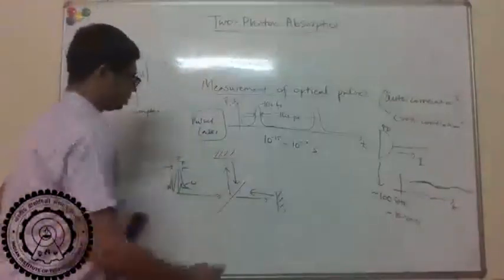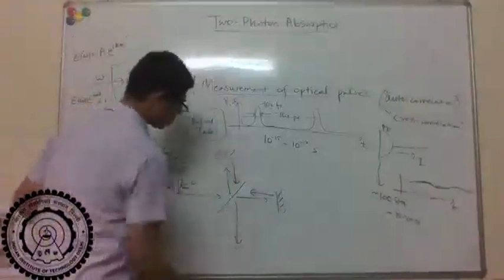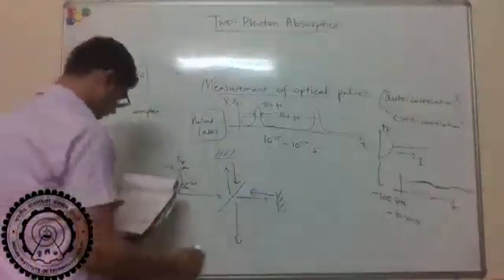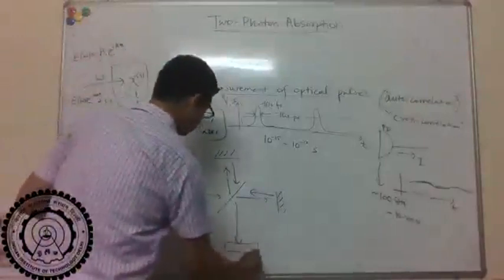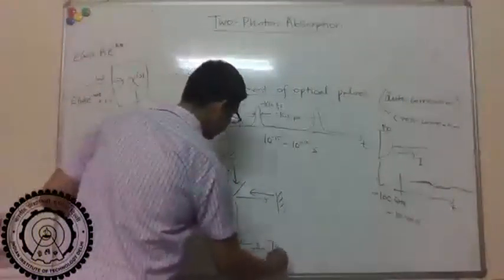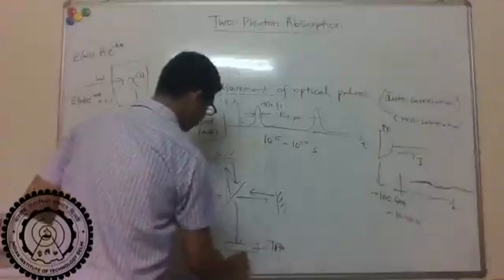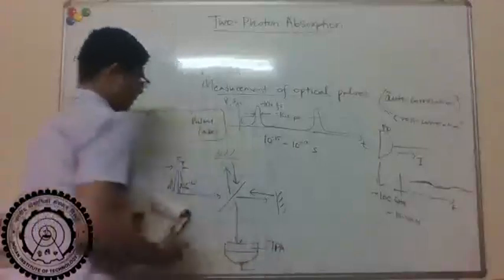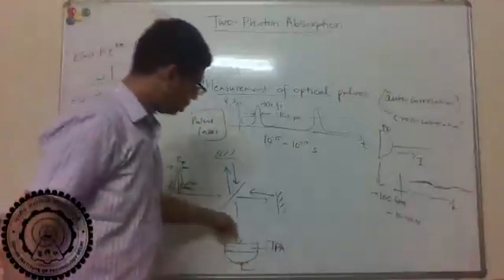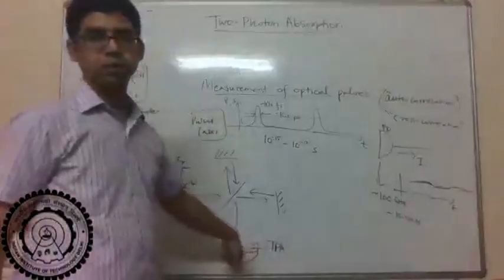So you split the pulse into two and then recombine, and then you detect on what is known as a TPA detector. So your detector is now something which only gives a signal due to two-photon absorption.